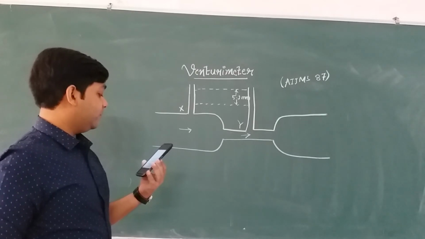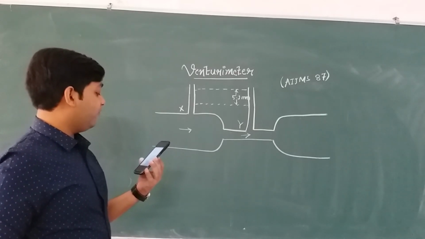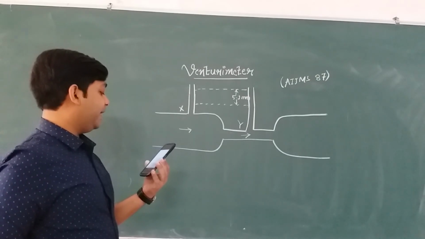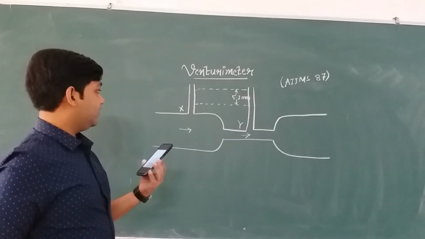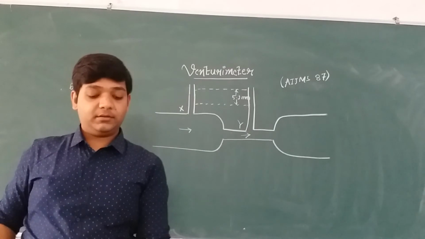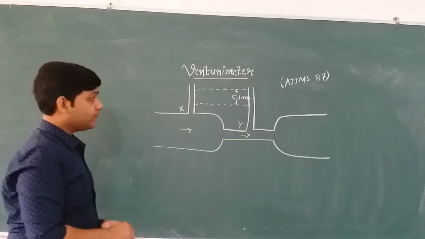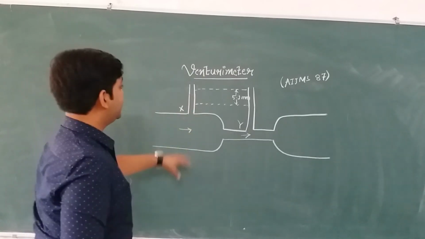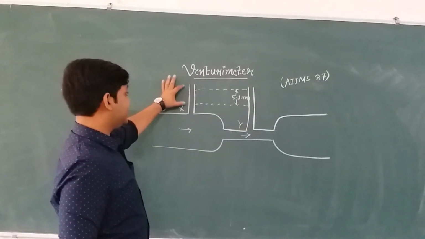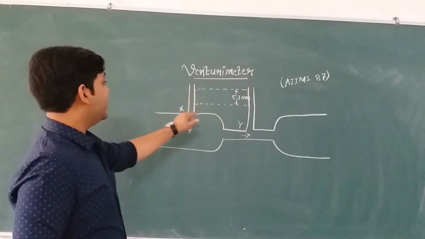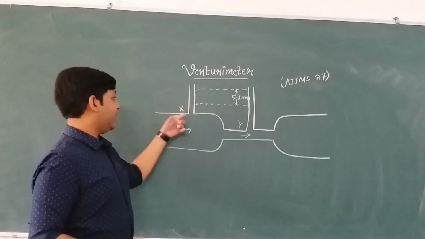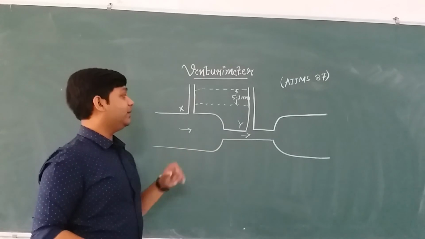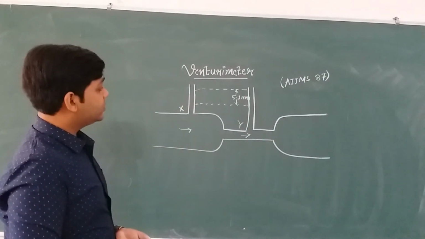The speed of water at y is what? So all in all, what you have been given in this question, you have been given the difference of heights of fluid in these two columns, and you have been given the velocity at x, and you need to find the value at y, right? So what do we do?